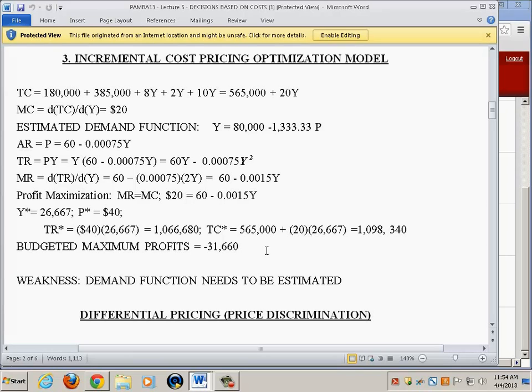So why, if it is conceptually attractive and optimizing, is it rarely, if ever, used in business? Why don't we all use it? On paper, theoretically, it seems to be preferable to the pricing models, the cost-plus model, and the target pricing or target costing model that we saw before, that is much more commonly used.